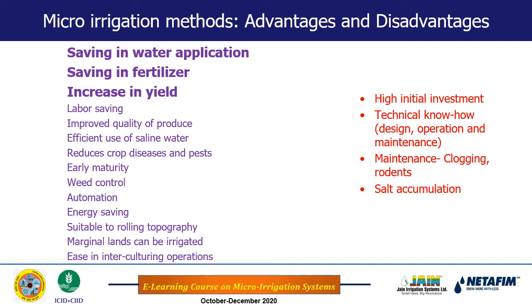Then this is suitable for rolling topography without doing much land leveling. Then we can apply this method to small pieces of land, and also this method offers ease in interculturing operation.